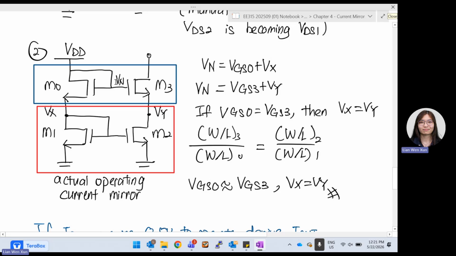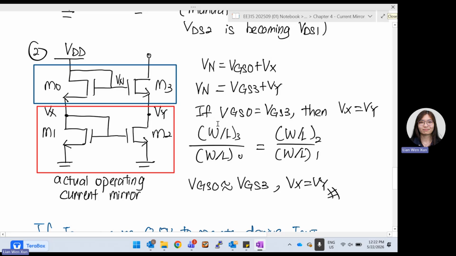We can say Vn is equal to VGS0 plus Vx. So Vx, whatever is down there, plus VGS0 equals Vn. At the same time, it is also equal to VGS3 plus Vy. Imagine if VGS0 equals VGS3, then our Vx equals Vy.